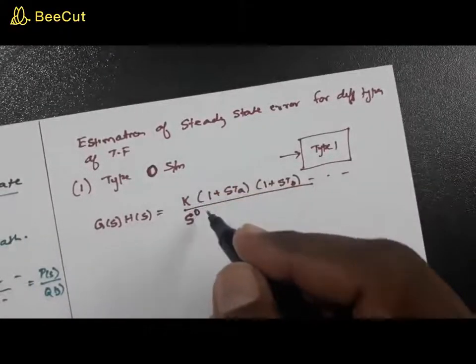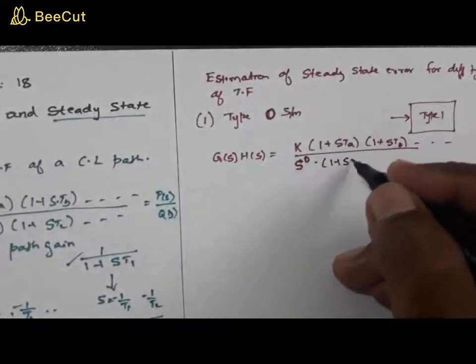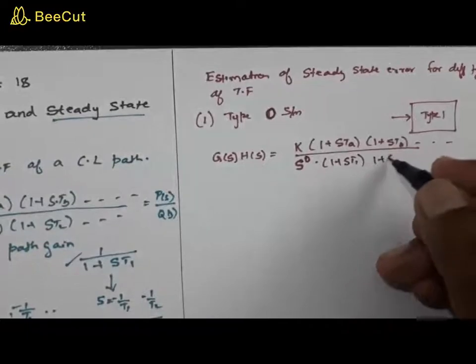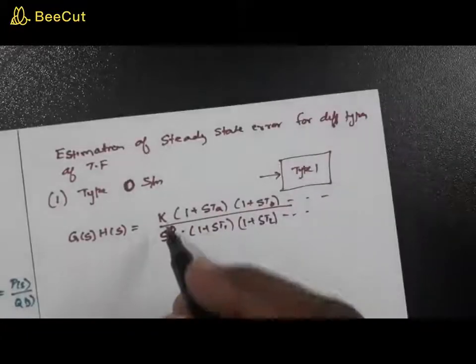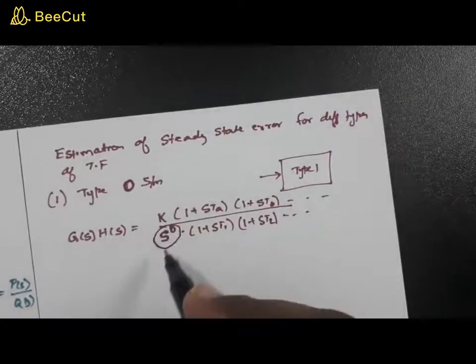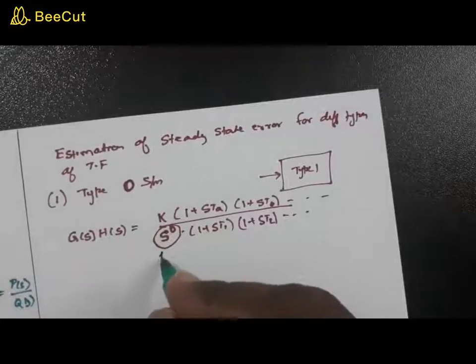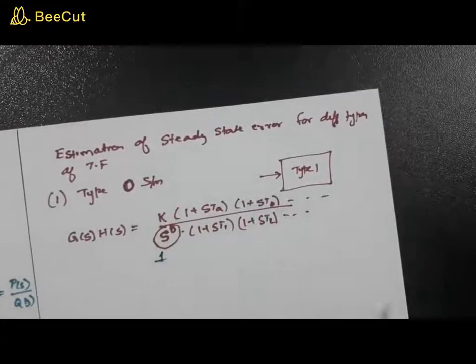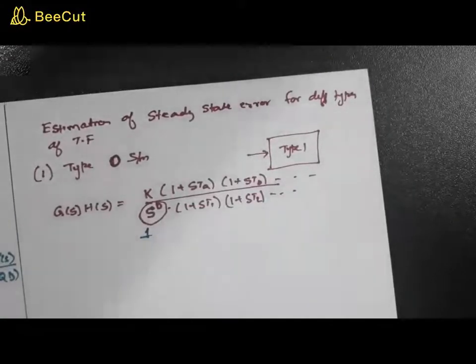A type 0 system is a system where n is equal to 0. So this is s raised to 0 into (1 plus sT1) into (1 plus sT2) and so on, right? This is a generalized transfer function. What is this s raised to 0? s raised to 0 is equal to 1. Okay, so this is the transfer function that we are considering, a type 0 system.